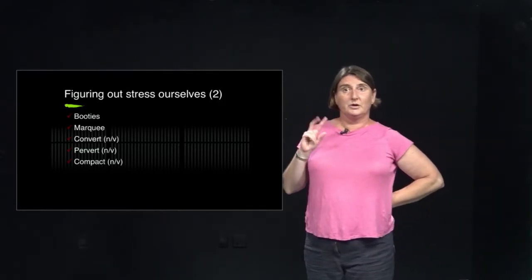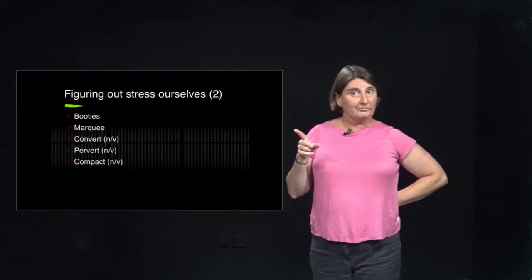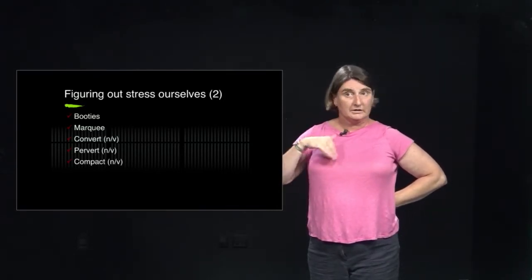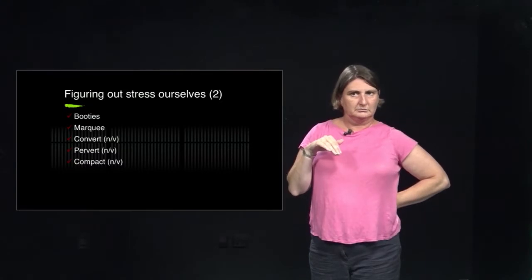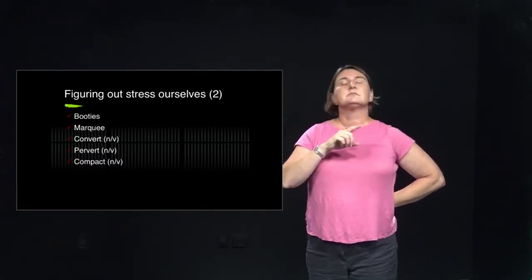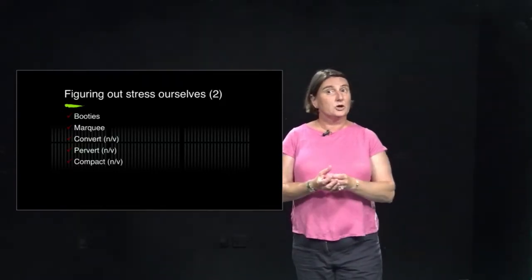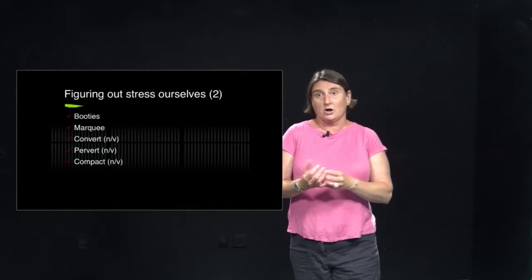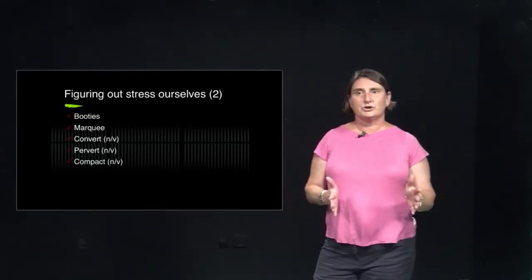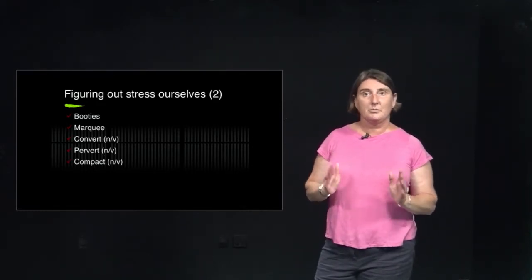Convert, the verb, second syllable stress. Okay, a pervert, the noun, first syllable stress. But if you're somebody that's making things all perverted, you pervert. So second syllable stress there. And a makeup compact, or the Mayflower Compact, first syllable stress, versus smushing your trash, compact, second syllable stress.